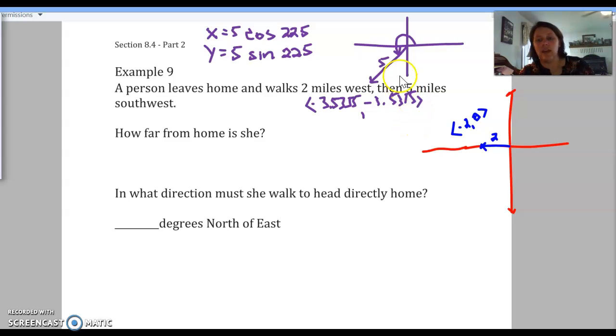Okay, then we're going to take this vector and add it onto the end of her other vector.